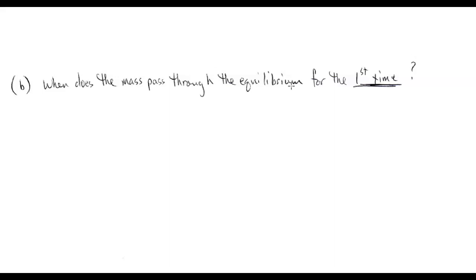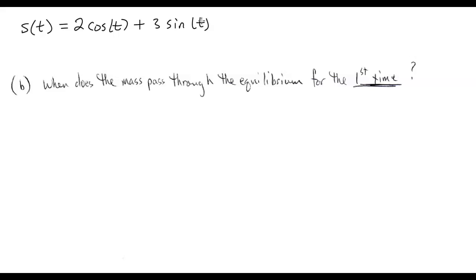So just as a reminder to you, we have our position function being 2 cosine t plus 3 sine t. And we want to know when the mass passes through the equilibrium for the first time.